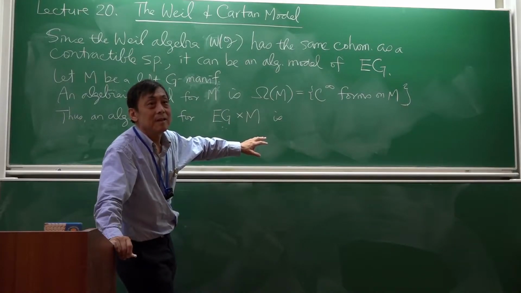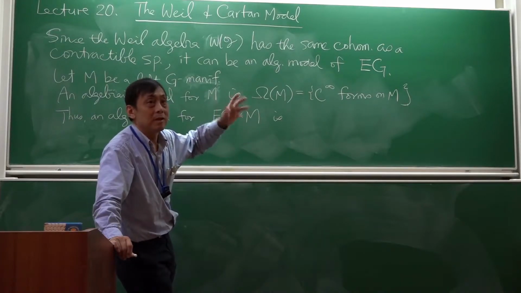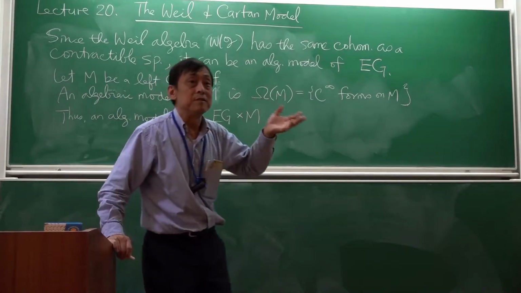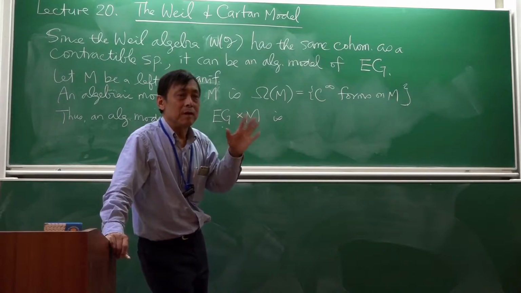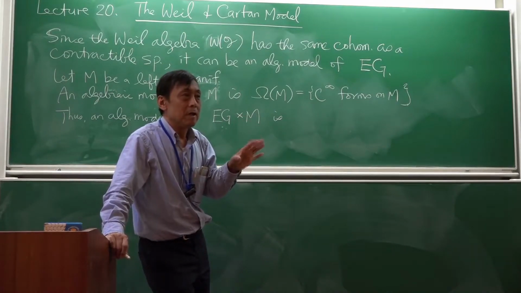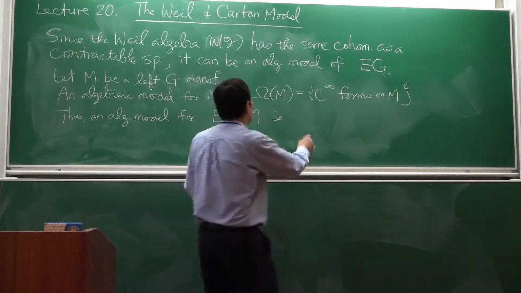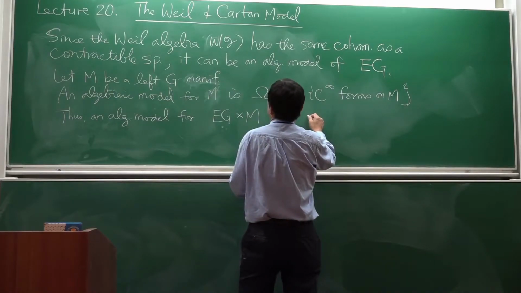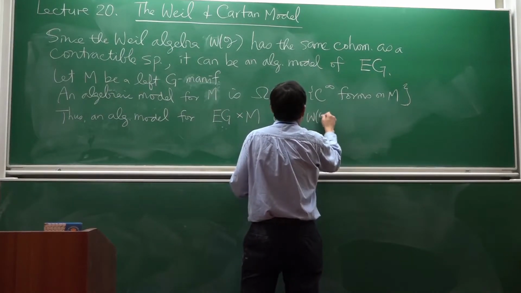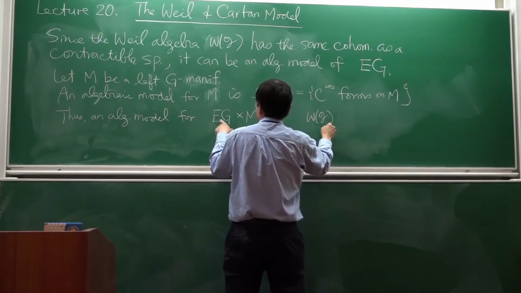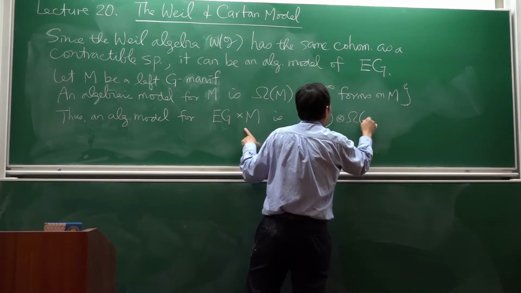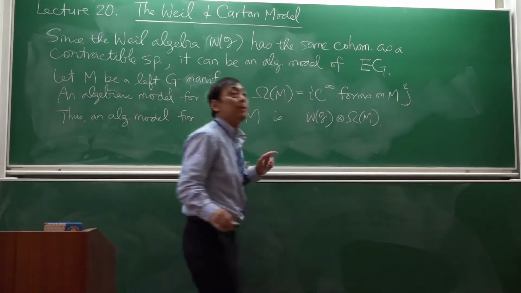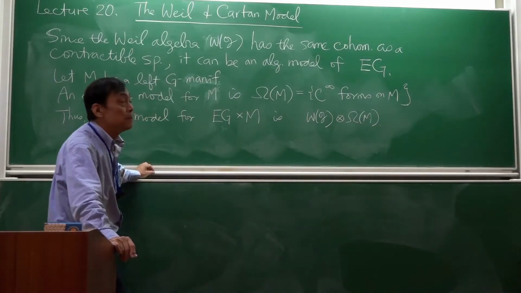Right, the tensor product, right? We're using real coefficients, okay? So you don't have other terms, it's just a tensor product. So it would be the Weil algebra tensor with the de Rham complex of M.